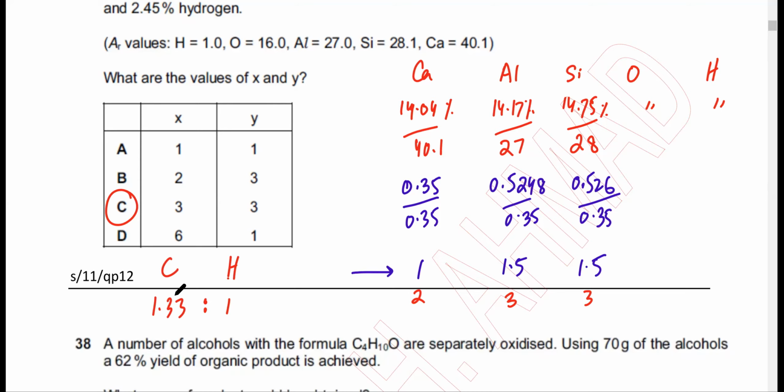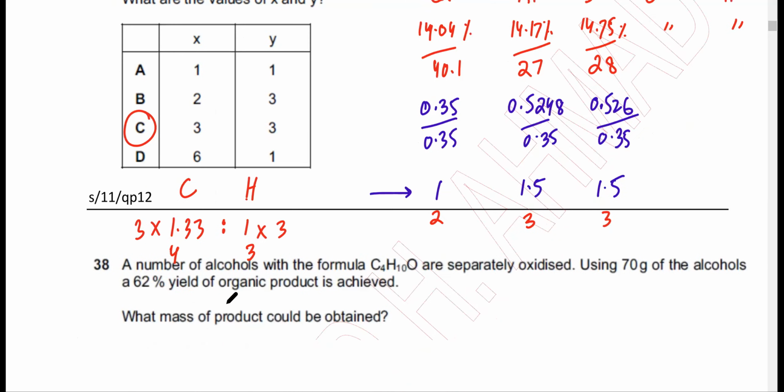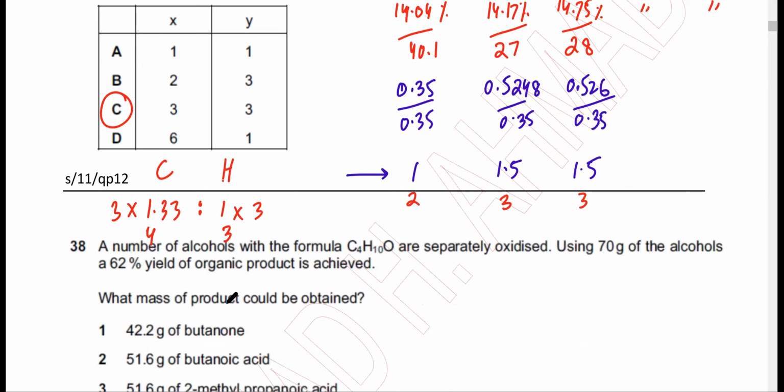If I multiply both of them by 3, then 1.33 multiplied by 3 would be very close to 4. So that's going to give you 4, and this would be 3. So 1.33 ratio 1 is 4 ratio 3. So always remember, think of a number that you're going to multiply with to convert it into a whole number, because you're not going to get whole numbers every time.